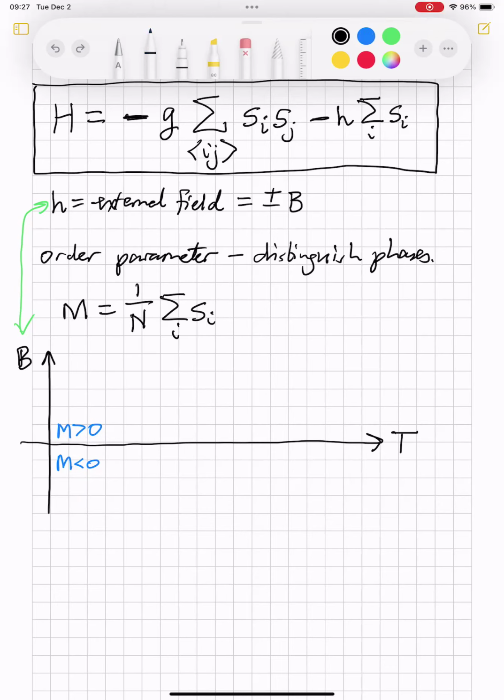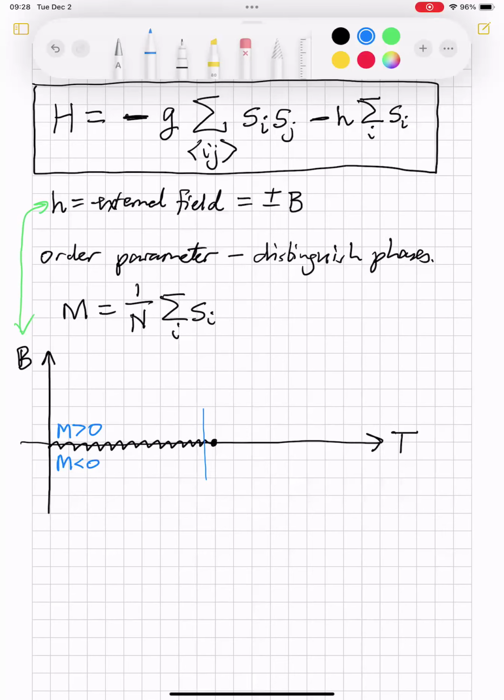Good. So these are all positive. But as you move along this line, the magnetization starts to drop off, and you get to some point where the magnetization is actually 0. So let me draw a jagged line along here, just to remind you that the magnetization, the order parameter, is discontinuous across this jagged line. For example, if you're just this side of the jagged line, the value of the magnetization above the line is very small, but it's positive.